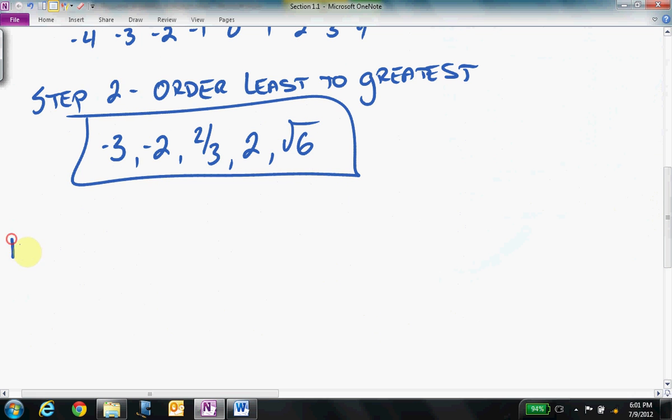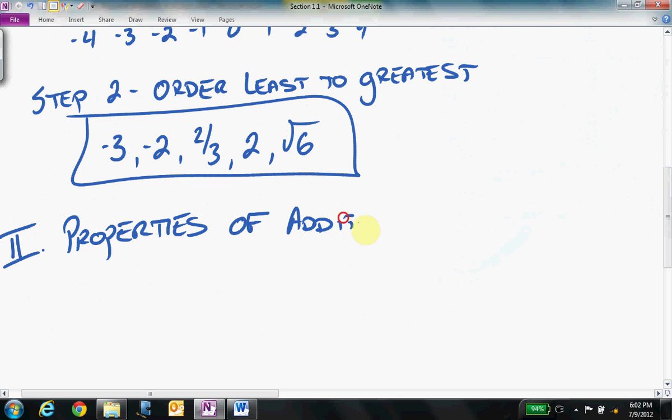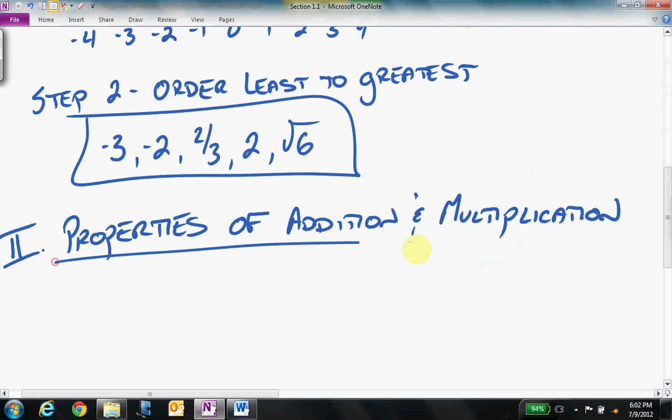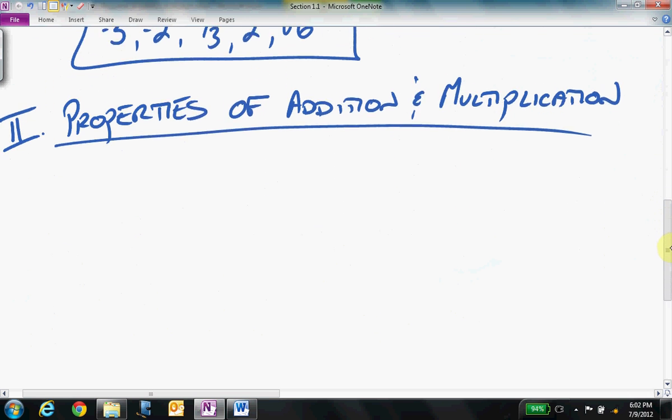Next, we're going to look at our properties of addition and multiplication. Okay. So this is basically going to be a chart, so you guys can build this chart with me.